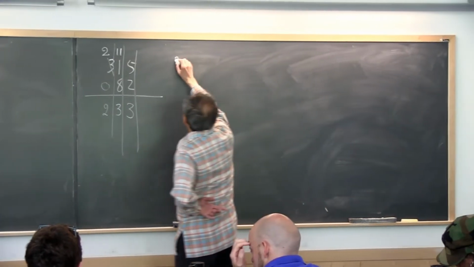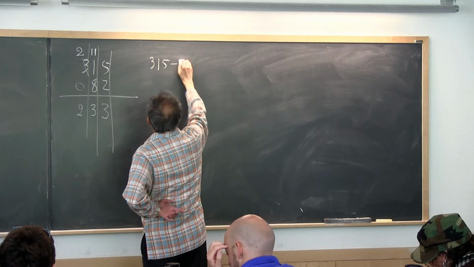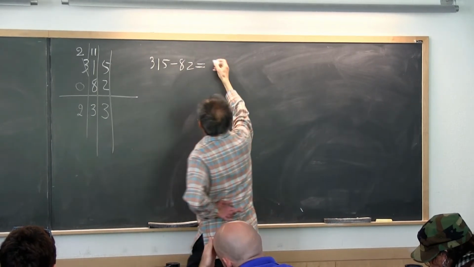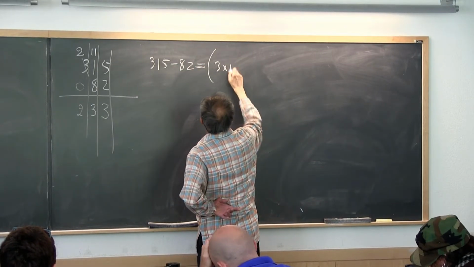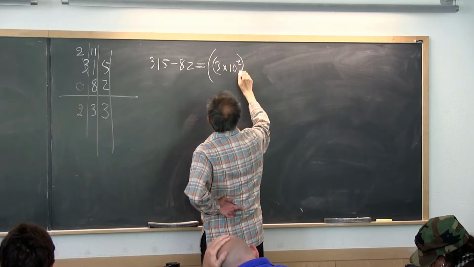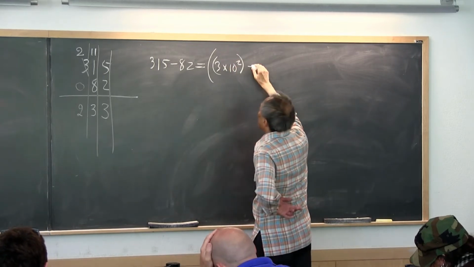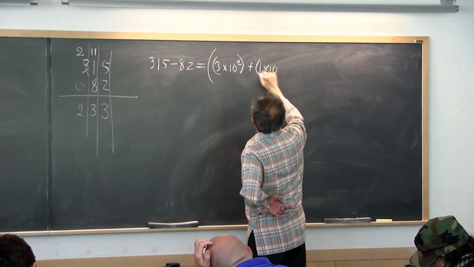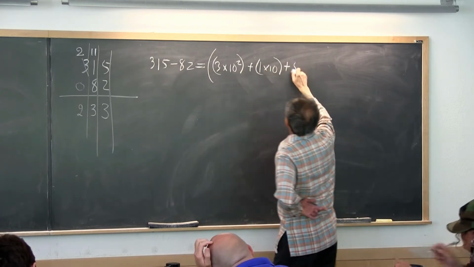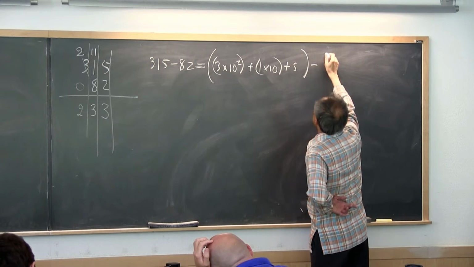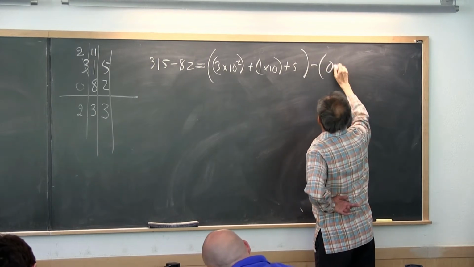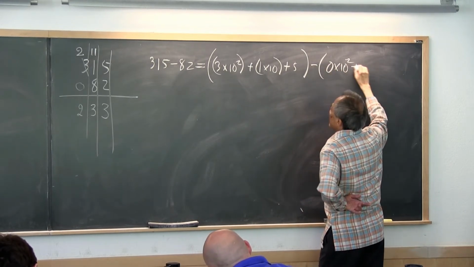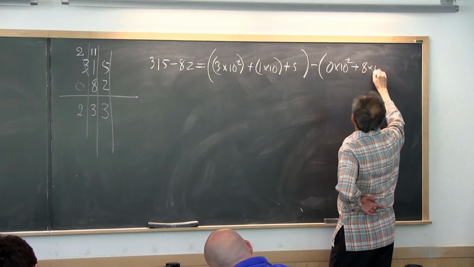So it's 315 minus 82. It's 3 times 10 squared, plus 1 times 10, plus 5, minus 0 times 10 squared plus 8 times 10.